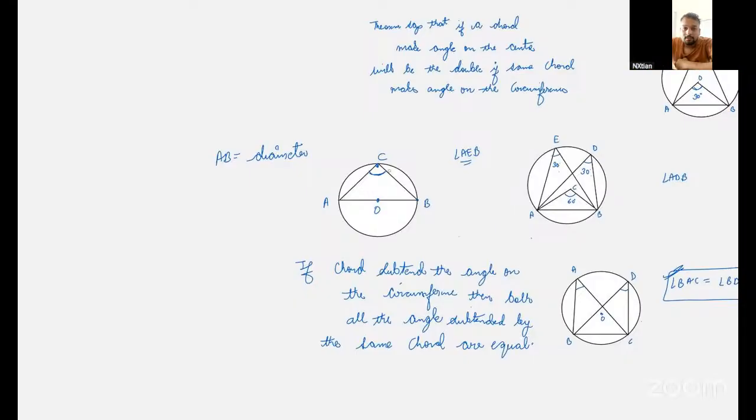In that triangle, AB is the longest chord, and the longest chord can only be formed when we get 90 degrees, like hypotenuse: h square is equal to p square plus b square. In the right angle triangle, the hypotenuse is the longest one. So technically we need to do that part.